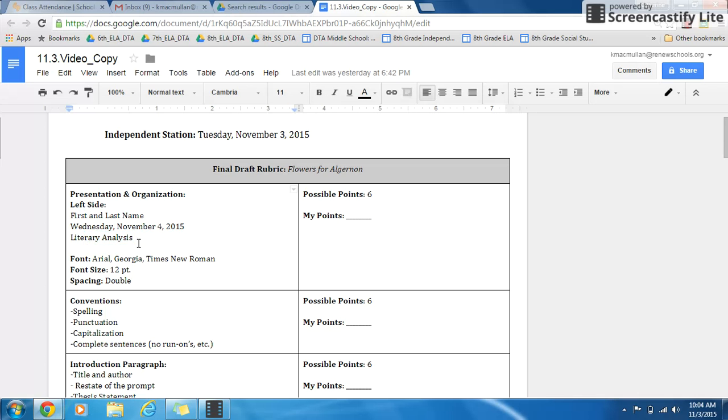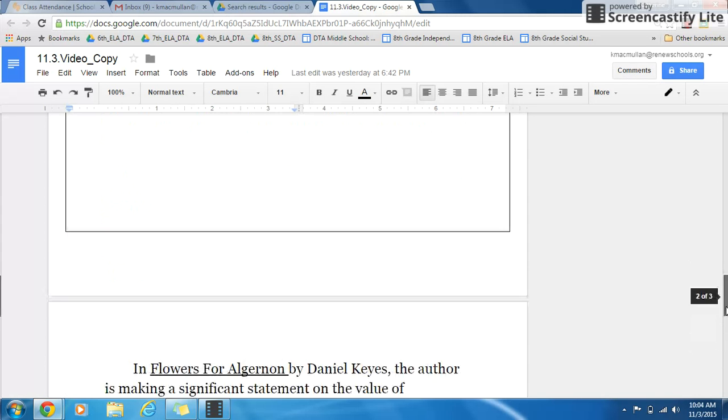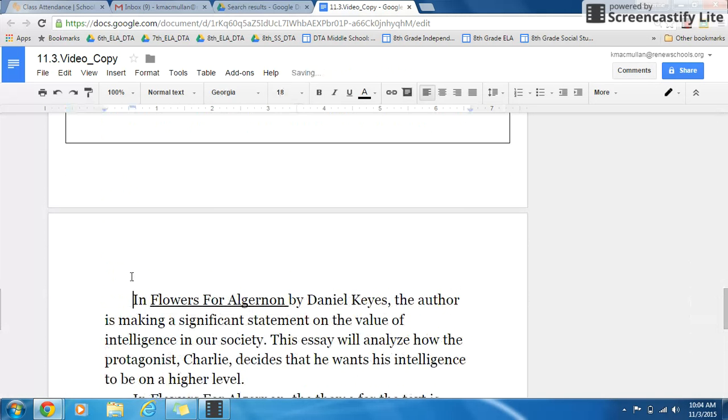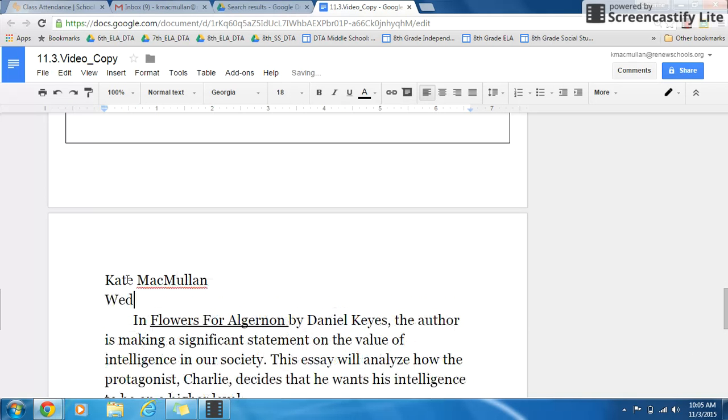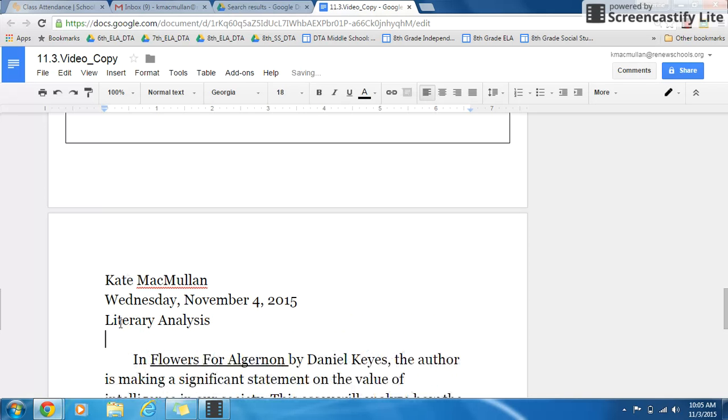So all this means is that at the top of your paper, if this is our example paper for today, you want to write your first and last name, the day our paper's due, which is Wednesday, November 4th, 2015, and then literary analysis. If you would like to put a title, you can put a title in the center, but this needs to be there.